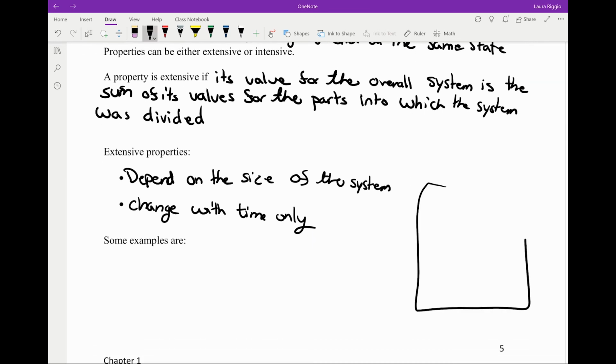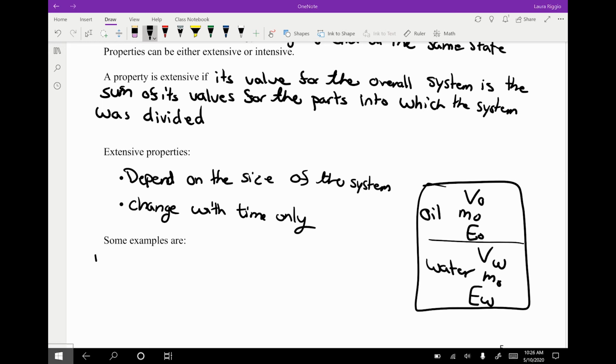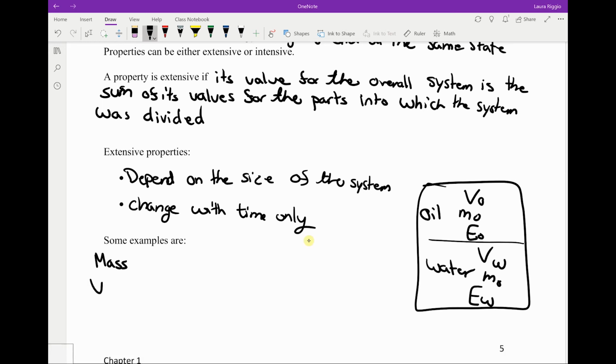a container and it has oil on top and water on the bottom. I have a volume of oil, I have a mass of oil, I have some energy, I have volume of water, I have mass of water, and that water has some energy. So some examples of extensive properties are mass, volume, and energy, because the mass of my system is the mass of the oil plus the mass of the water.